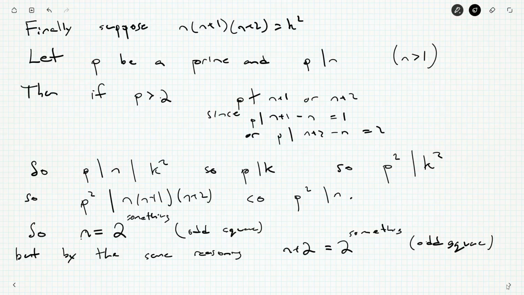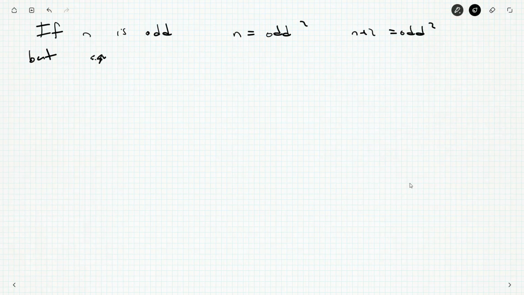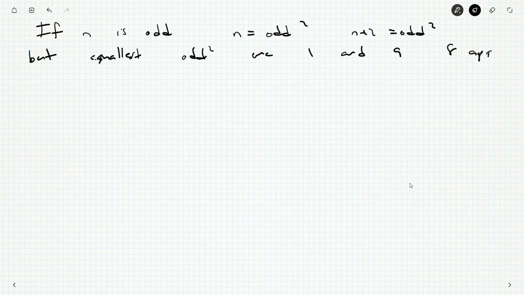Okay, now if n is odd, then n equals an odd square, n plus 2 equals an odd square. But the smallest odd squares are 1 and 9, which are 8 apart, not 2 apart.